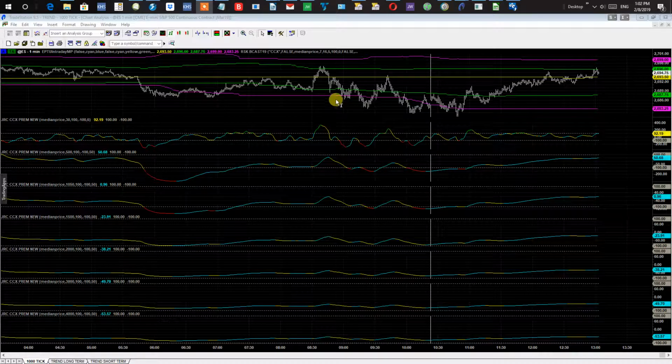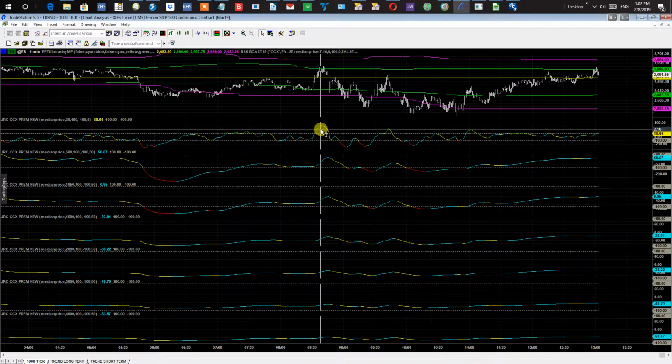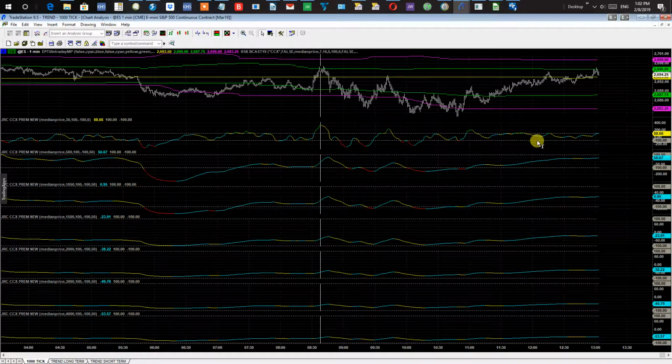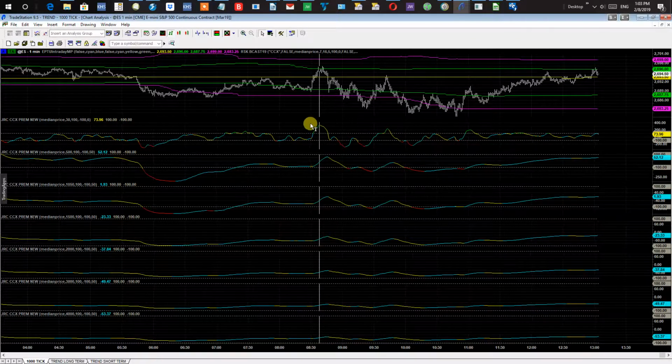So when we were looking to short this market up here, the primary condition that we want to see happening with the CCX is that the value of the indicator is greater than 100 and sloping down. And you can see that's exactly what we've got right in here. These two horizontal lines are a value of 100.